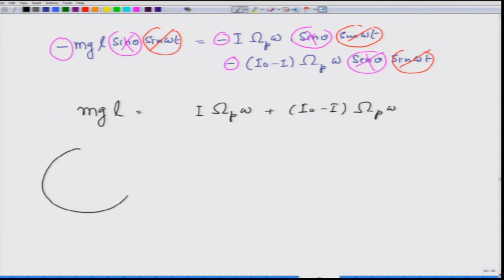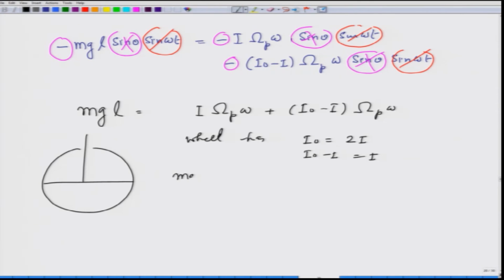Now, this wheel by the perpendicular axis theorem, whether it is a wheel or a disc, has I0 equals 2I, and therefore I0 minus I is also I. So, we have mgL is equal to I, where I is the moment of inertia about a diameter, times omega p omega times 2, and this immediately gives you that precession velocity omega p is equal to mgL over 2 omega I.